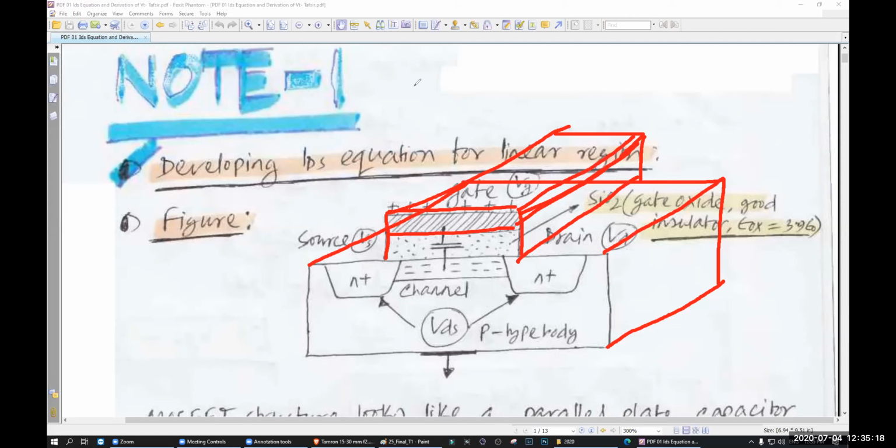So which one is length? Length is this, L, the channel length, from this point to this point. What is width? This channel width is this much. This is the W.